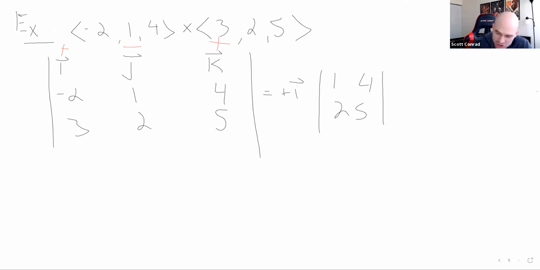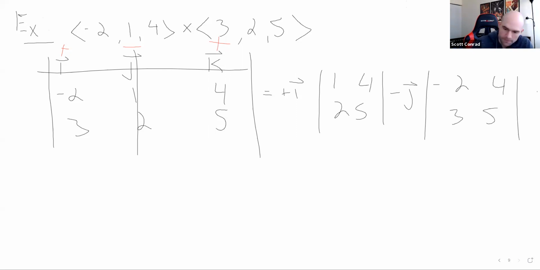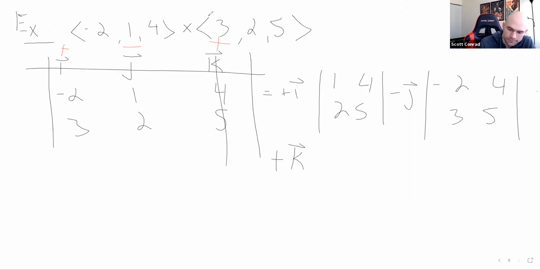And then we have minus J, cross out the row and column, the determinant of -2, 4, 3, 5. And then plus K, cross out the row and column, times the determinant of -2, 1, 3, 2.